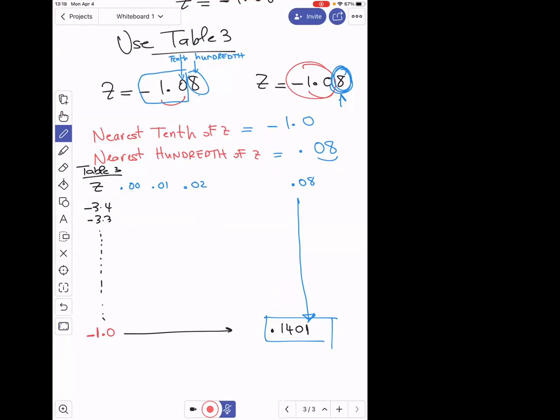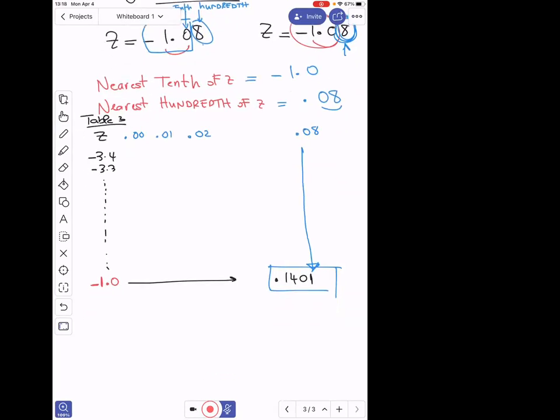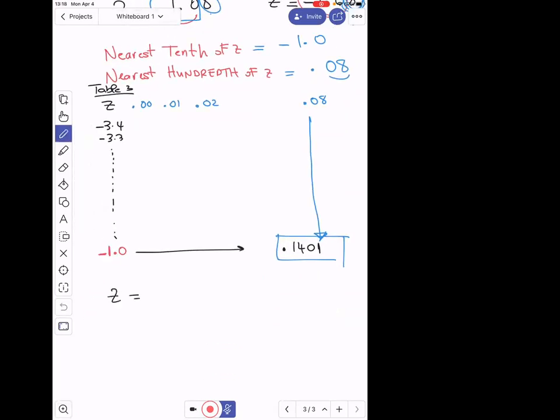Do you see, guys, how I got this 0.1401? Again, our z in this example was negative 1.08.